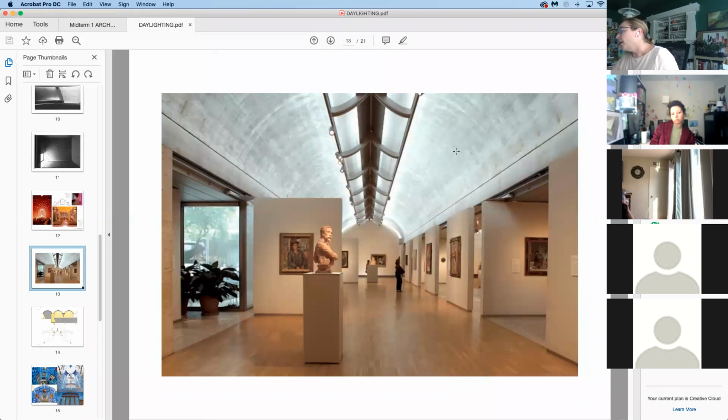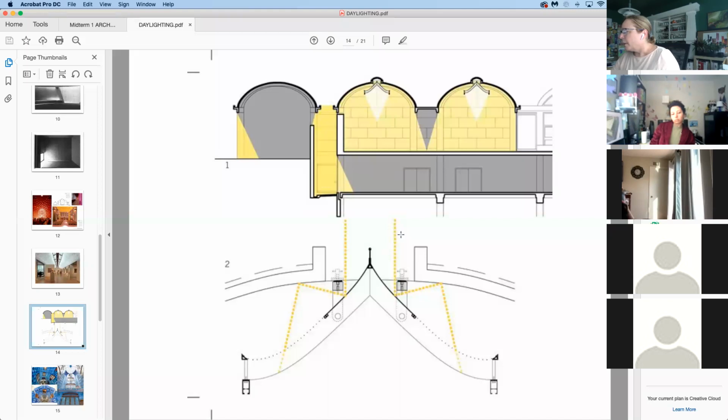And so by creating this giant reflector of the concrete roof, you still get that daylight effect, but without the damage that it can cause.